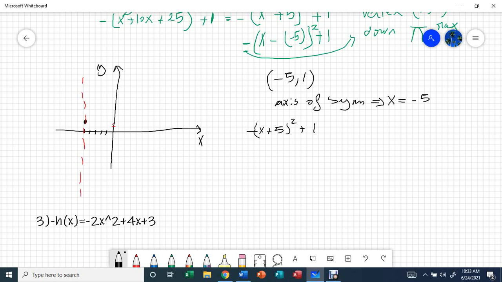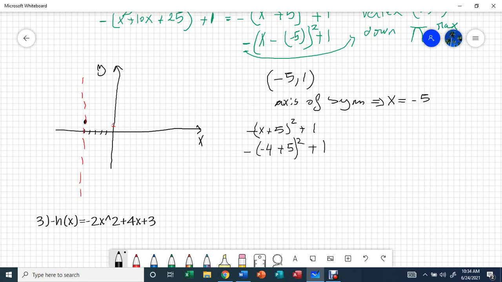So let's do some easy points. If I do negative 4 for x, negative 4 plus 5 squared plus 1.